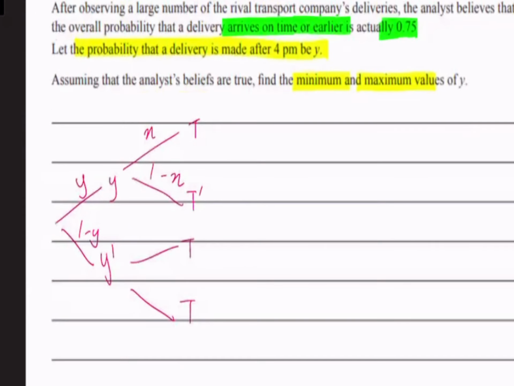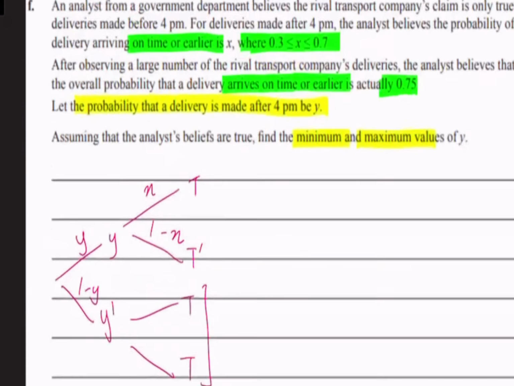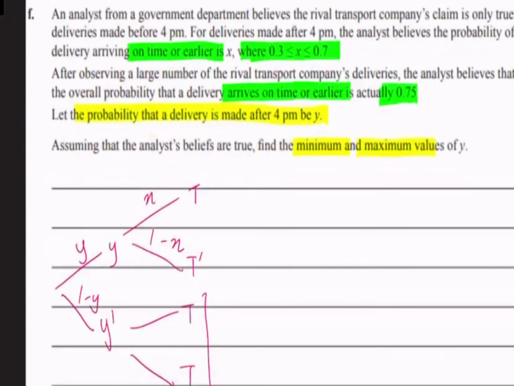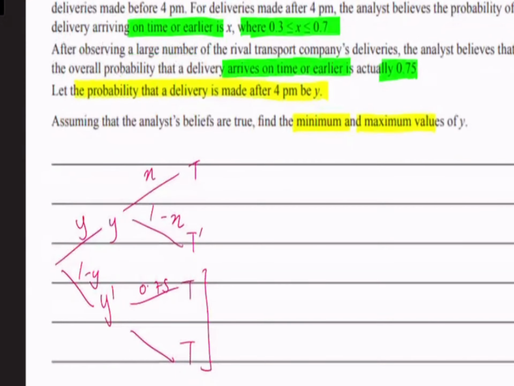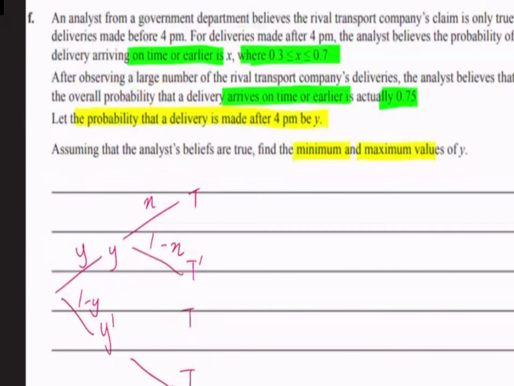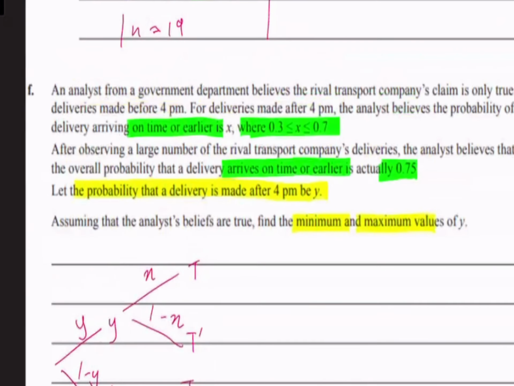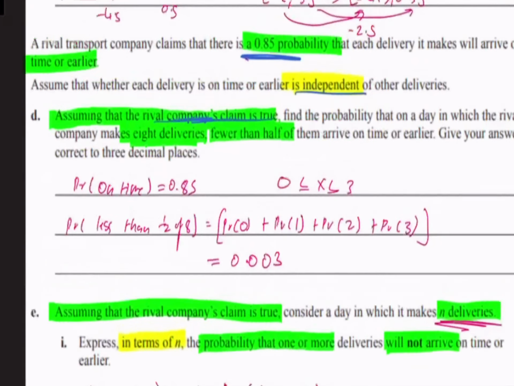These two values we actually know: this is 0.75, and this is not 0.75. If it's not after 4 p.m., we actually do know these values, from the previous question.